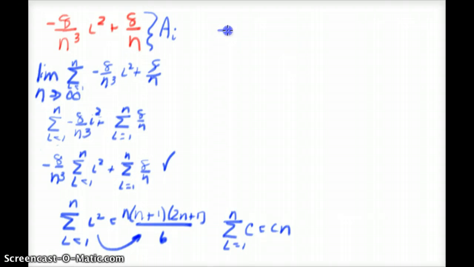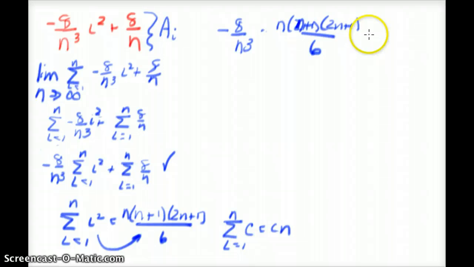Okay, now let's go over here and rewrite this. So now our expression is going to be negative 8 over n cubed times n times n plus 1 times 2n plus 1 over 6, and we're going to have to add to that the constant, which in this last case would be 8 over n times n.